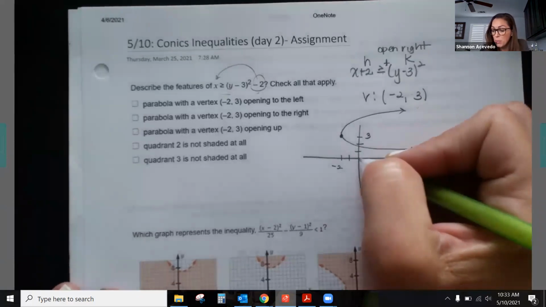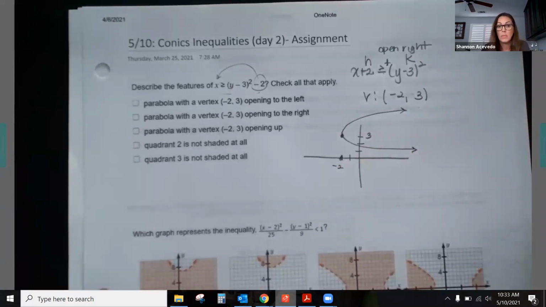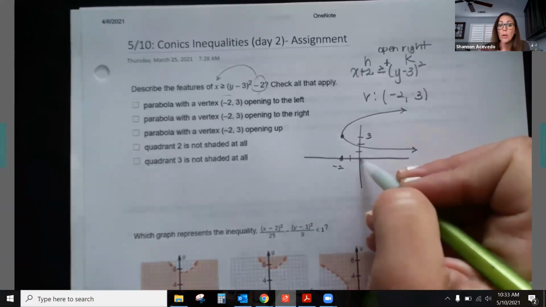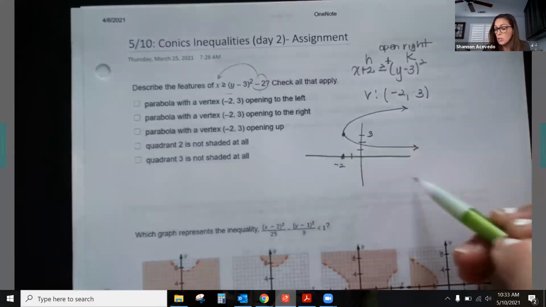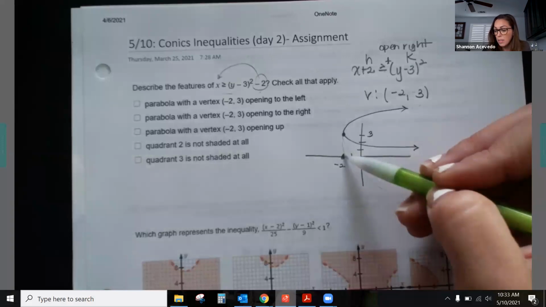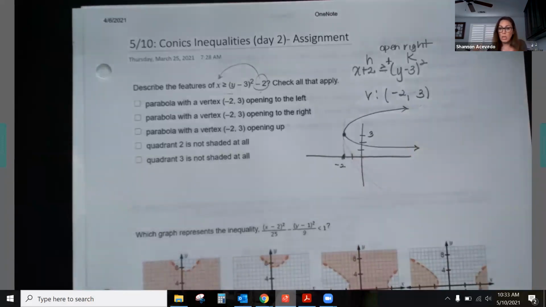I could pick a test point. I could pick something like this point right here and plug it in. I could pick my 0, 0. Now here's my hesitancy with 0, 0. In this case, it's fine because I drew it to match this. But sometimes you don't know if your graph is going to open up really wide like this and hit that point and include it. Sometimes when you get really close there, it may not be so black and white as to whether that point is inside the graph or not.